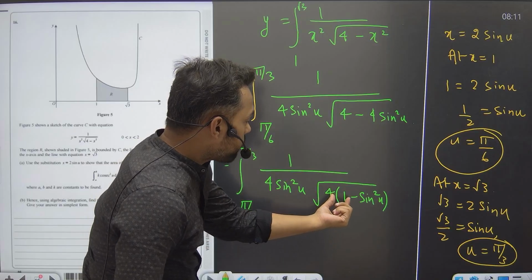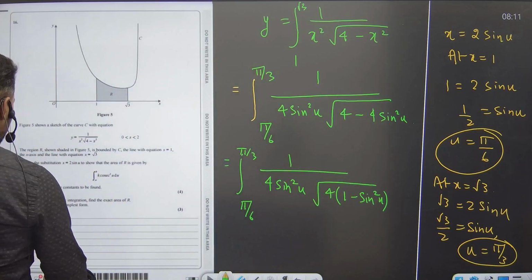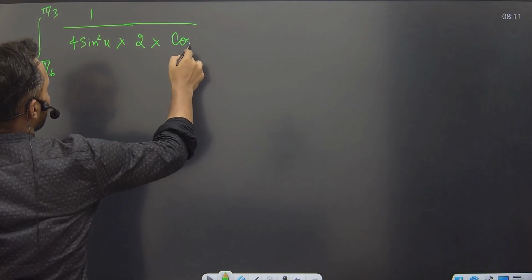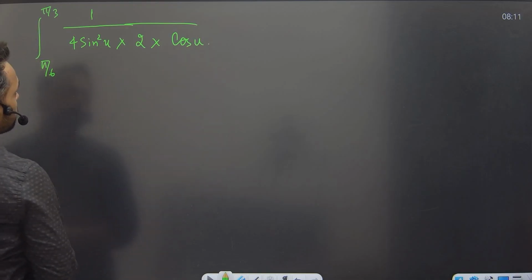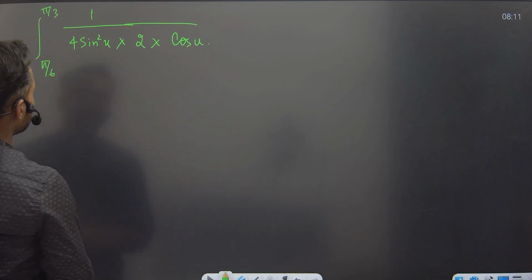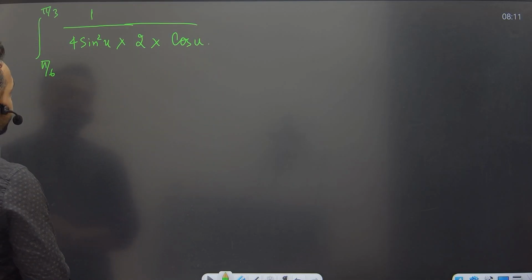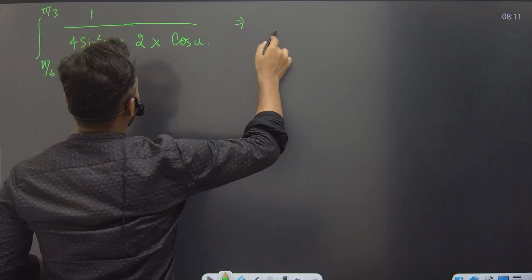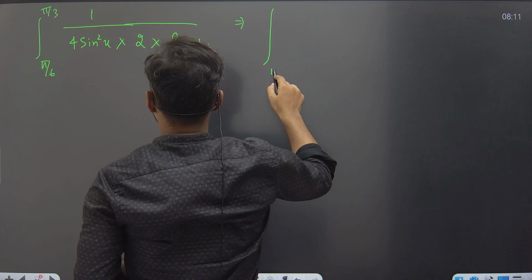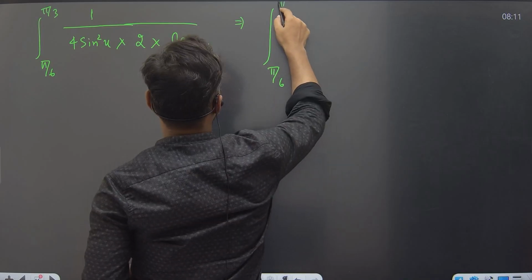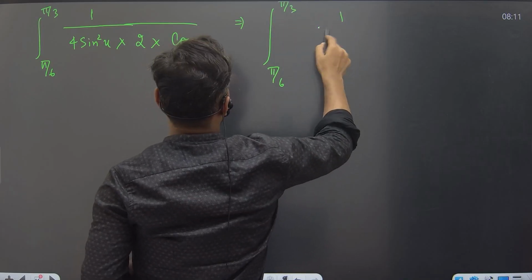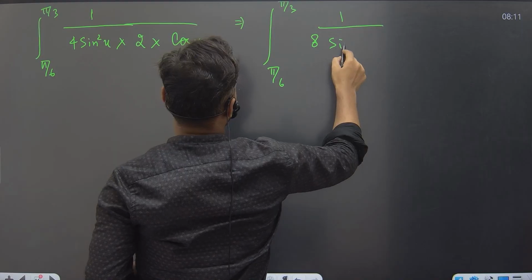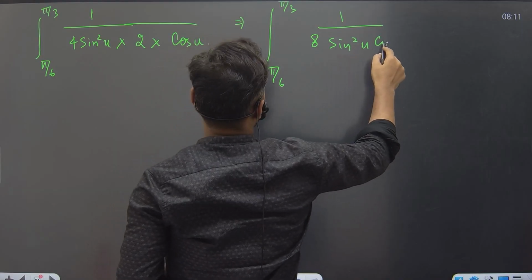So the square root of cos square u will be cos u. So what will you get here? You will get the integration from pi by 6 to pi by 3 of 1 by 8 sine square u cos u.